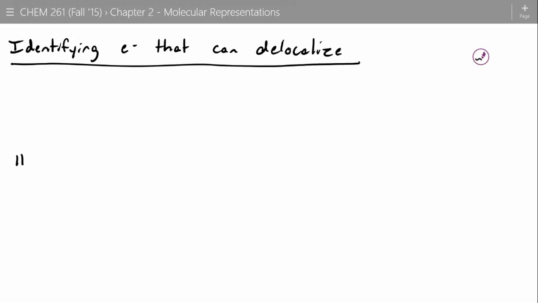I've got a CH3 here, bonded to a nitrogen, bonded to another CH3. Got a lone pair here. Got a carbon double bonded to a carbon, and then a CH3. Let's try to draw the resonance structures for this.